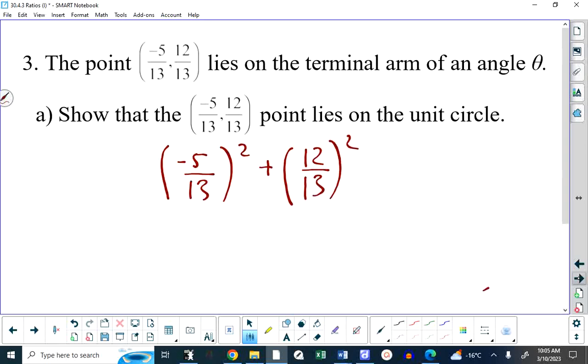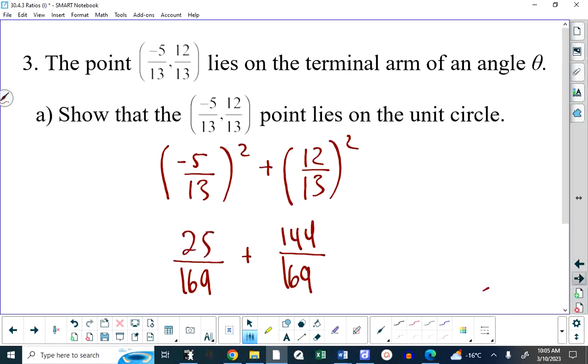When I square 5 over 13, I get 25 over 169. When I square 12 over 13, I get 144 over 169. I'm sure it isn't lost on you that I said when I square 5 over 13, and I didn't say when I square negative 5 over 13, because when I square a negative, who cares?